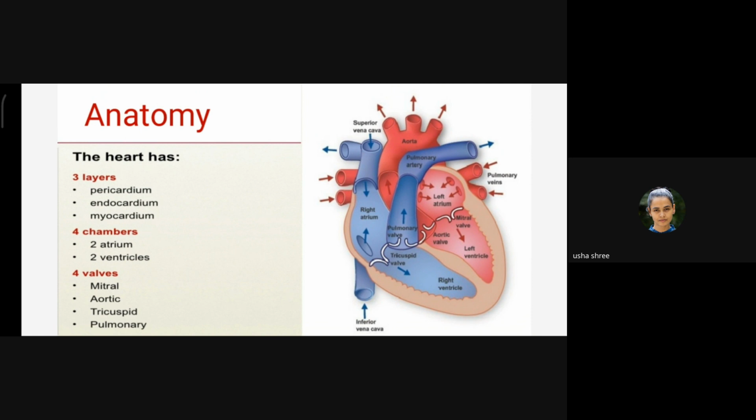There are so many types of valves throughout the body. You can see a valve in the ileocecal region in the digestive system. The pyloric valve is also there. So many types of valves are present in the body. So I don't know exactly which one is the largest or thickest. Okay, ma'am.